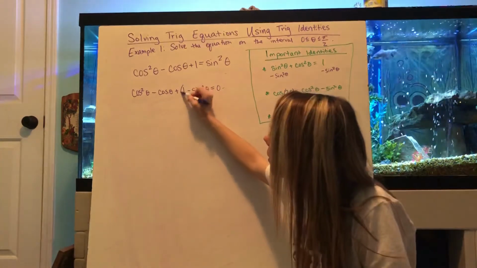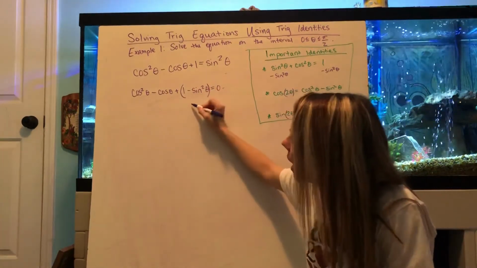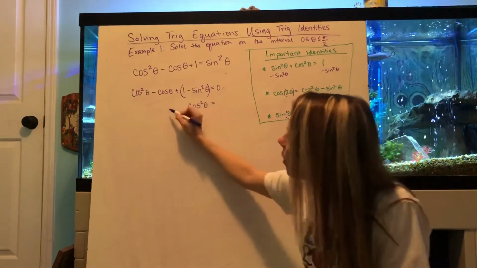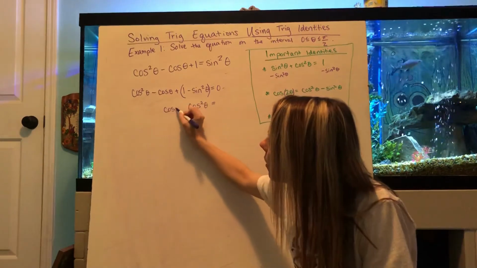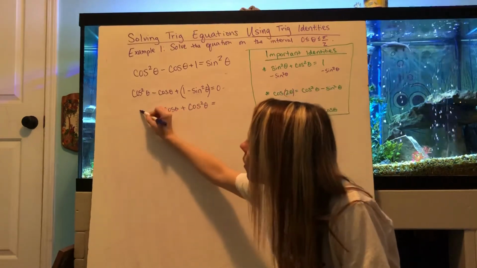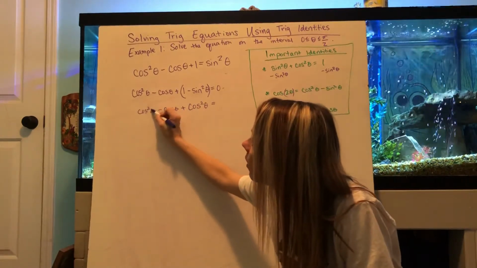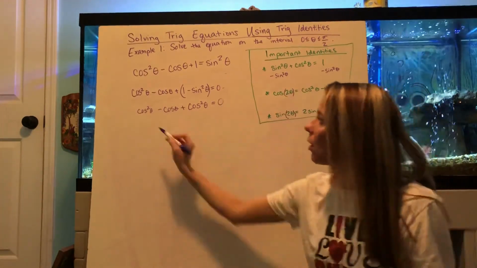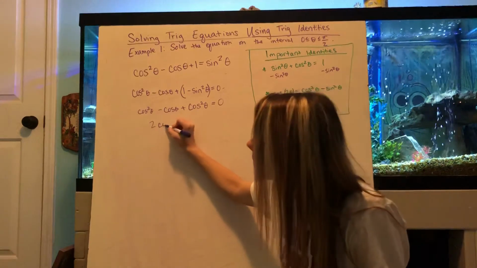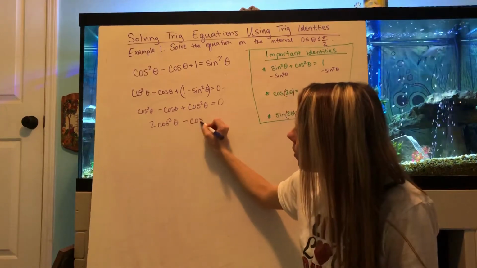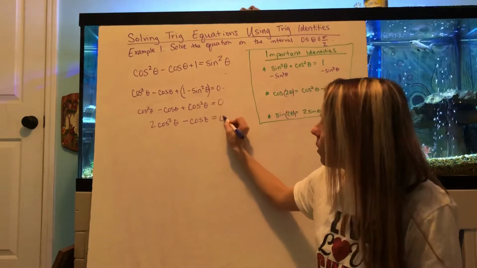So right here, that turns into cosine squared theta. I've got cosine theta plus 1, and then here's cosine squared theta again. So I've got 2 cosine squared thetas. So 2 cosine squared theta minus cosine theta equals 0.